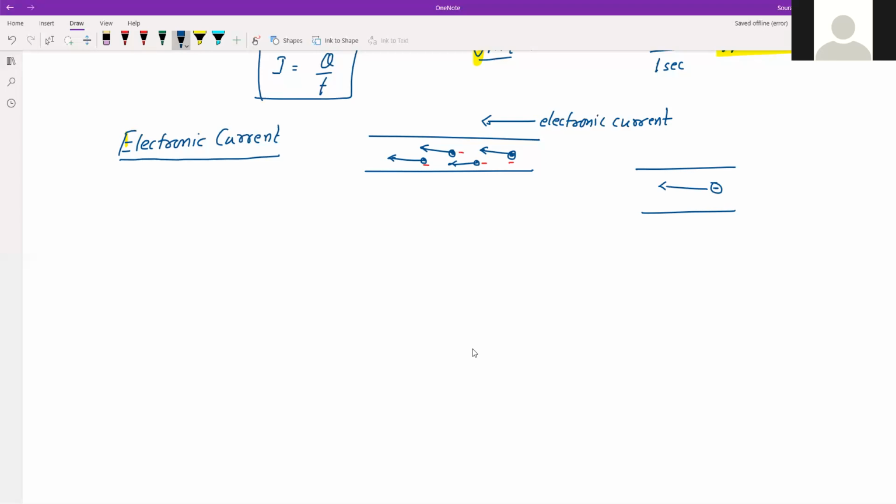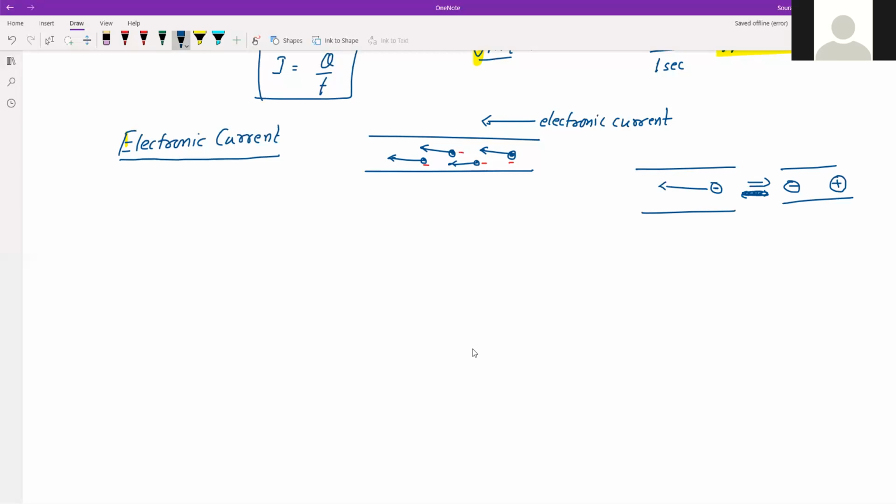So if electron moves from here to here, then later what will happen? Now the condition will be like this, that here there will be a positive charge and that negative charge will come here. The place which actually suffered loss of electron will actually gain a positive charge.